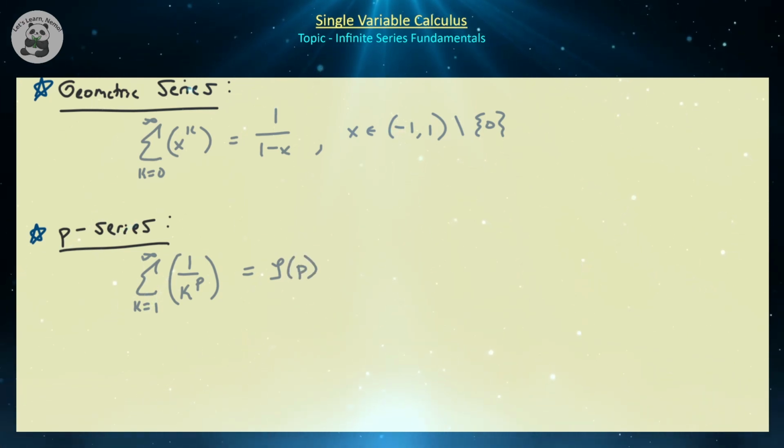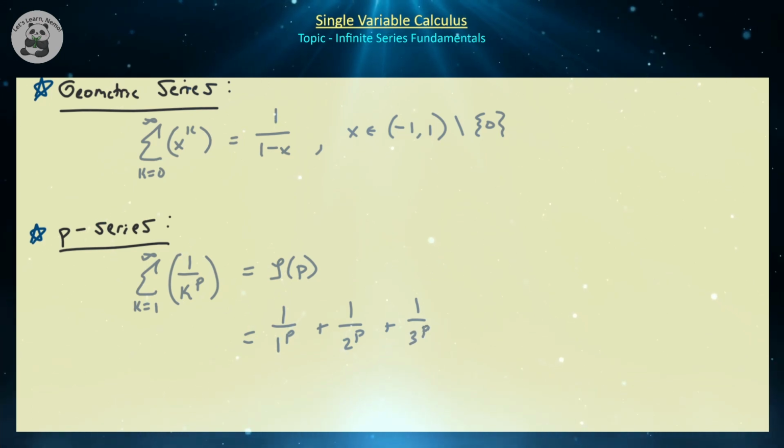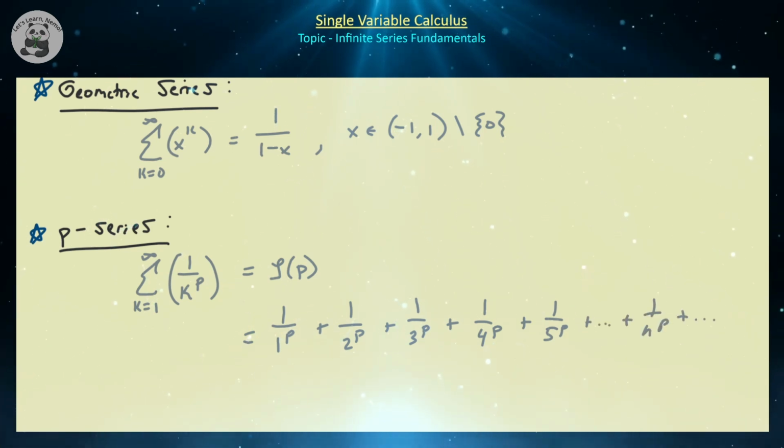So when you expand it, it's going to look like 1 over 1 to the power of p, 1 over 2 to the power of p, 1 over 3 to the power of p, 1 over 4 to the power of p, plus 1 over 5 to the power of p, plus all the way out to 1 over n to the power of p, and so on. So one can ask, well, for what values of p does this infinite series converge? And when it does converge, we're going to say it converges to zeta of p, right?